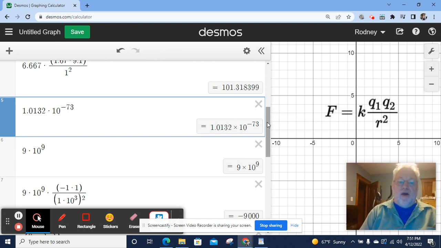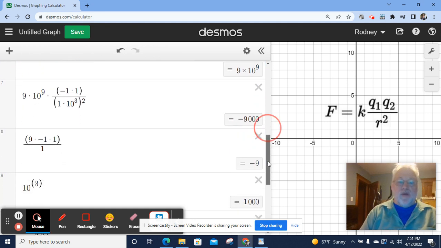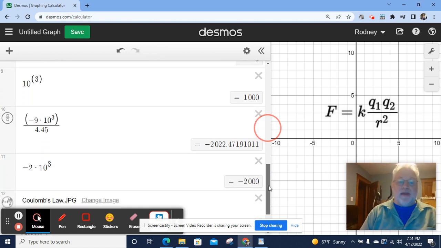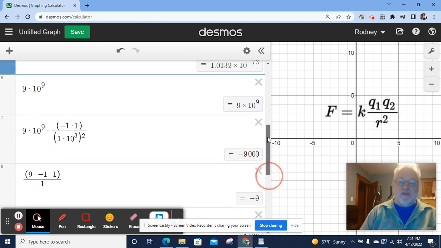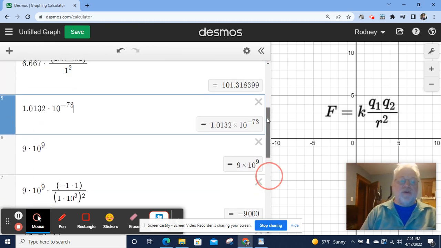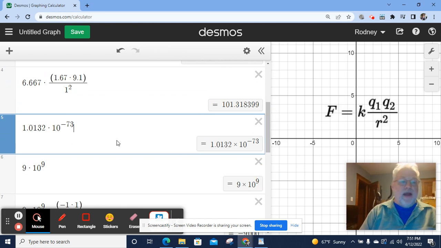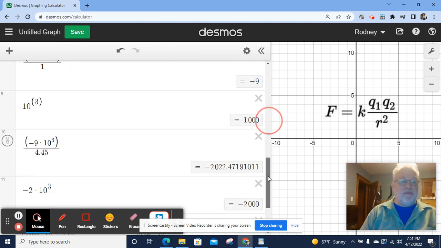Okay, now, how much bigger is it? Which one wins? Electromagnetism clearly wins because we've got 2 times the 10 to the third, 2,000 newtons of attractive force. With gravity, we've got about 1 times 10 to the negative 73rd newtons of... I'm sorry. Let me back up because I'm mixing up units.